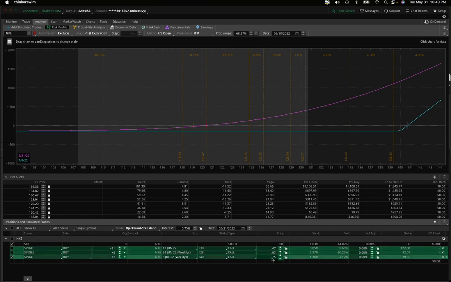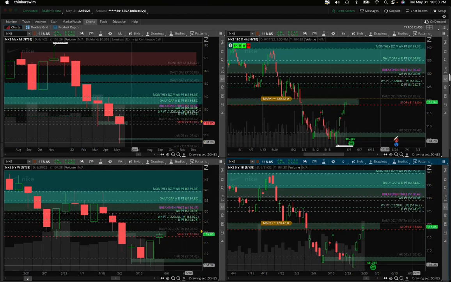Now if we only spend $150 on this contract, we could risk losing $50, but we can make as much as $1,000 or $1,100 if we hit 139. This also gives us time to get the earnings call, because that could be a pretty bullish move as well. So by having more time, we can also account for that earnings call. So that's pretty cool. Something to note.